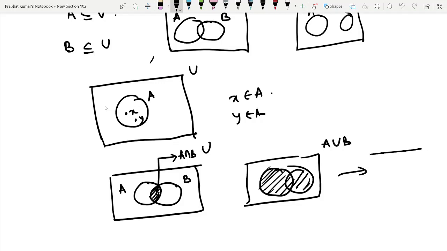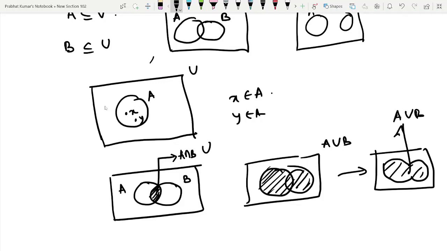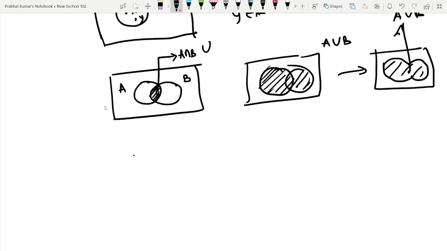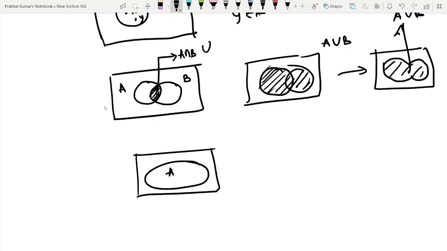So this, and this, is basically A union B. Up till now you might have already guessed how to denote the complementation. Suppose this is A, and its complementation is everything that is outside A under the universal set. So this whole region is basically A complement.